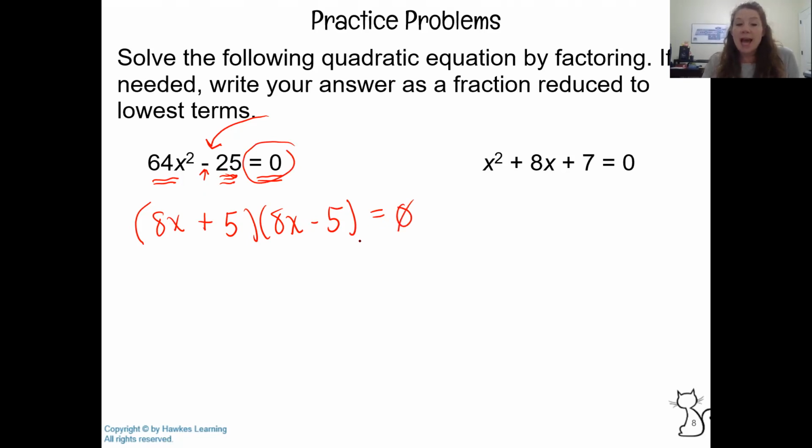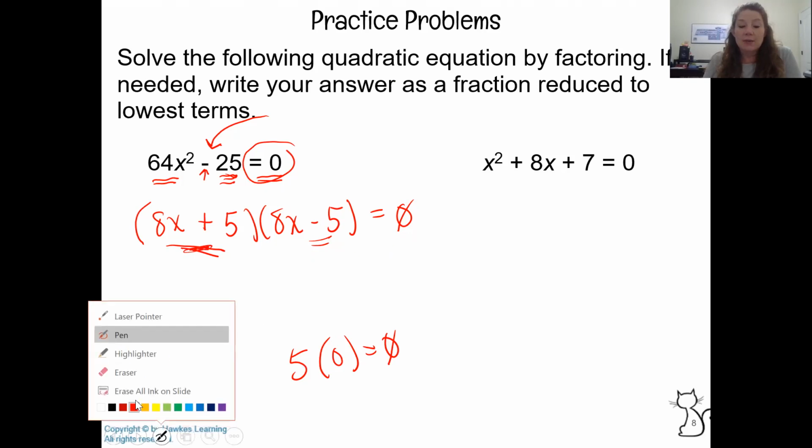That means that if you multiply any number times 0, you get 0, right? So if this set of parentheses equals 0, and you multiply 0 times the other set of parentheses, the equation would equal 0, and vice versa.